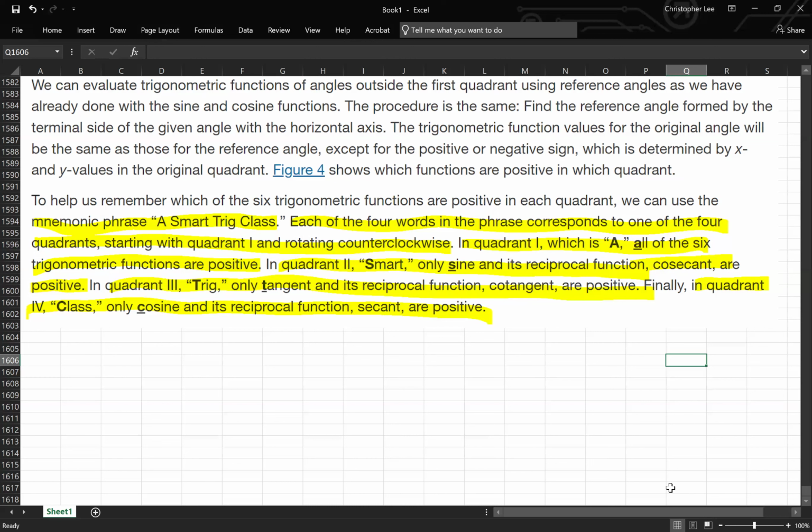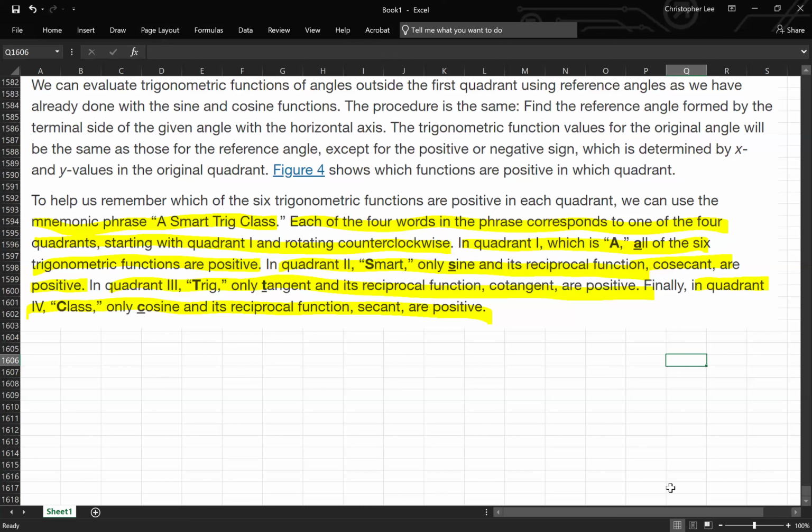Each of the 4 words in the phrase corresponds to one of the 4 quadrants, starting with quadrant 1 and rotating counterclockwise. In quadrant 1, which is A, all of the 6 trigonometric functions are positive. In quadrant 2, smart, only sine and its reciprocal function cosecant are positive.